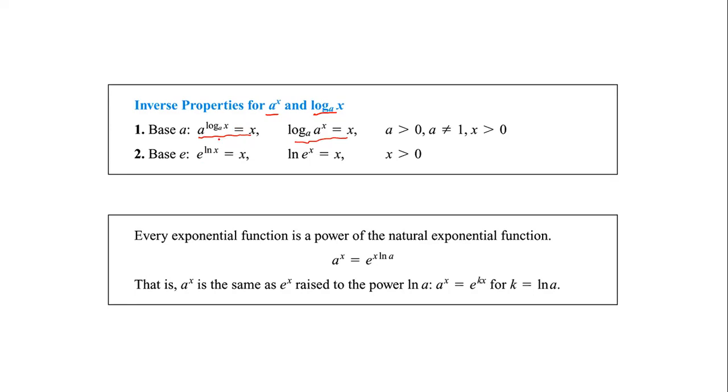I want you to help me in doing this. We want to prove this one. This one, we said it's easy. All you got to do is just put this one on the side, and log to the base a of a is equal to 1. So you get x times 1 equal to x. Okay?